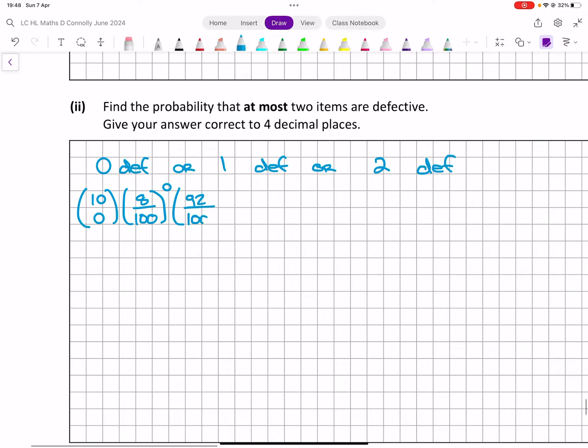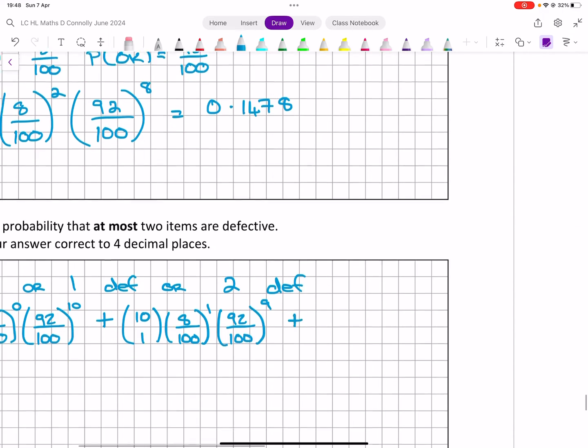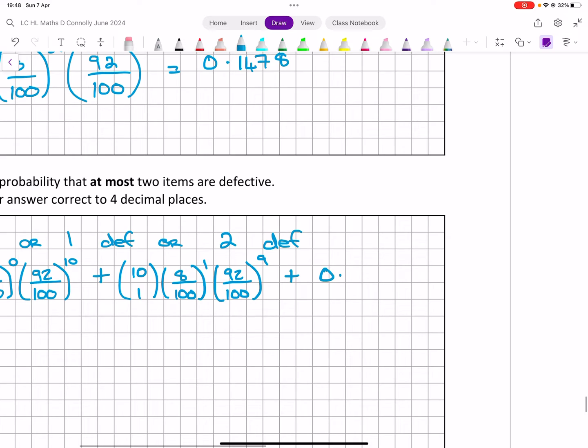Probability of being fine is 92 over 100 and we want all 10 to be fine. Or is plus. Of the 10 we want 1 defective. Probability of being defective and we would like 1 of them. Probability of being okay and we want the other 9 to be okay. And then or, and this one is 0.1478, and I'm going to hold all the decimal places, so I'm going to store it in A.